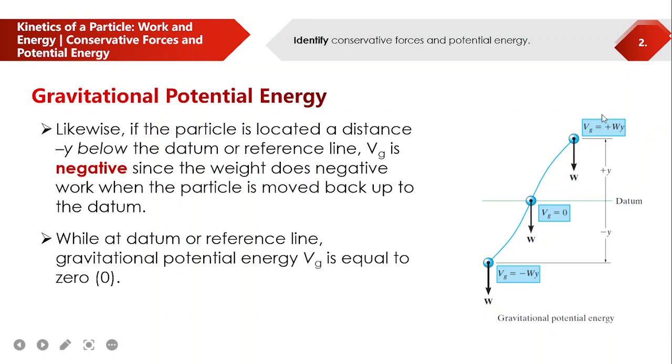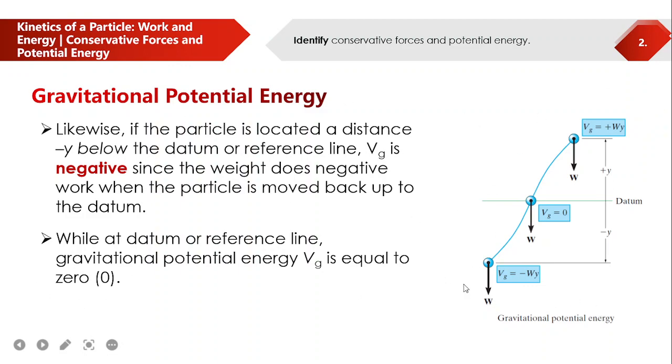Then therefore, your work will be positive. Therefore, your potential energy, which is your V sub G, or gravitational potential energy, will also be positive. Kasi positive yung y mo, tsaka positive din yung work mo. Then, negative na yung kung nasa ibaba yung object or particle natin, okay, below the datum line.